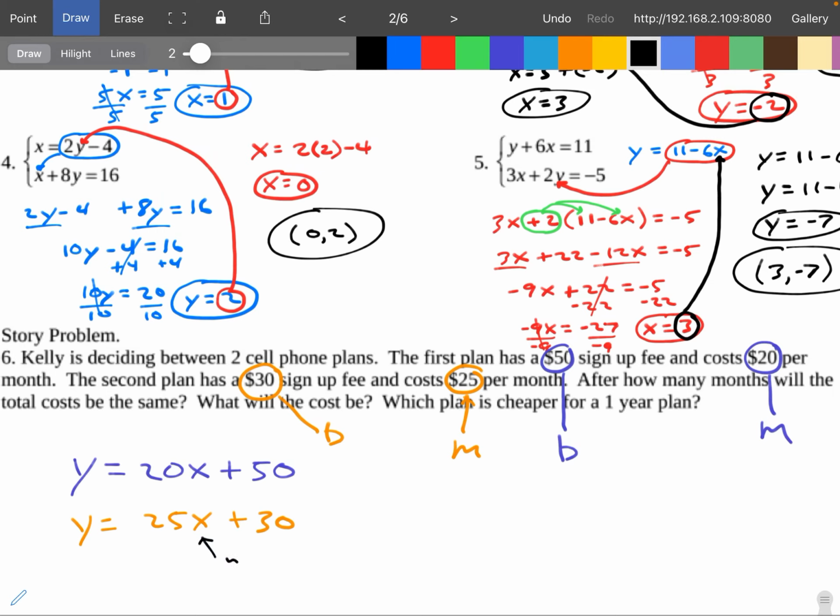That's M. And the $30 to sign up, that's what you pay up front. That would be your B or your y-intercept. So that second equation would be y equals 25x plus 30. All right, again, where in this case, x is going to represent, well, it's $25 per month, right? So x is going to represent the number of months.